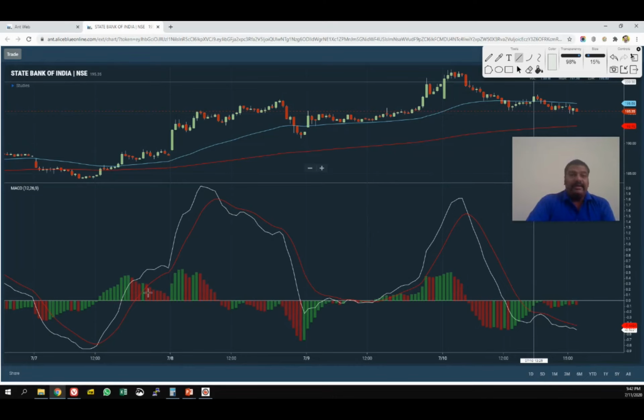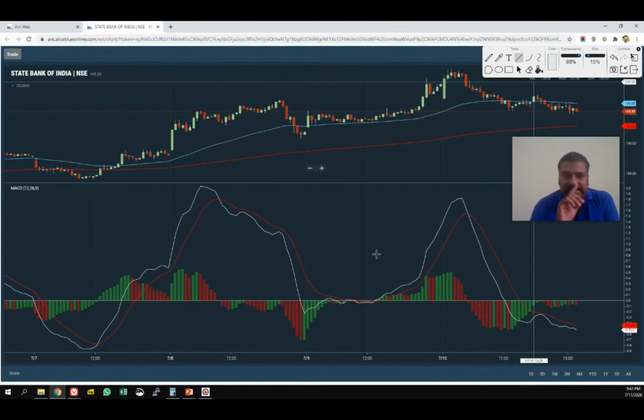So this is the second strategy using MACD. Then the third strategy is using only the histogram. Whenever there is a change from 0 to up or up to down on the histogram, we get trade signals. So these are 3 different strategies.